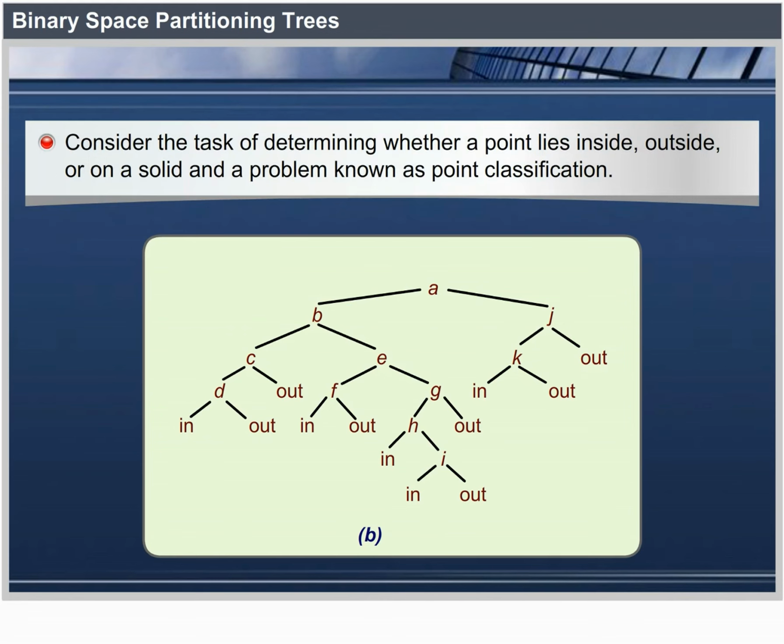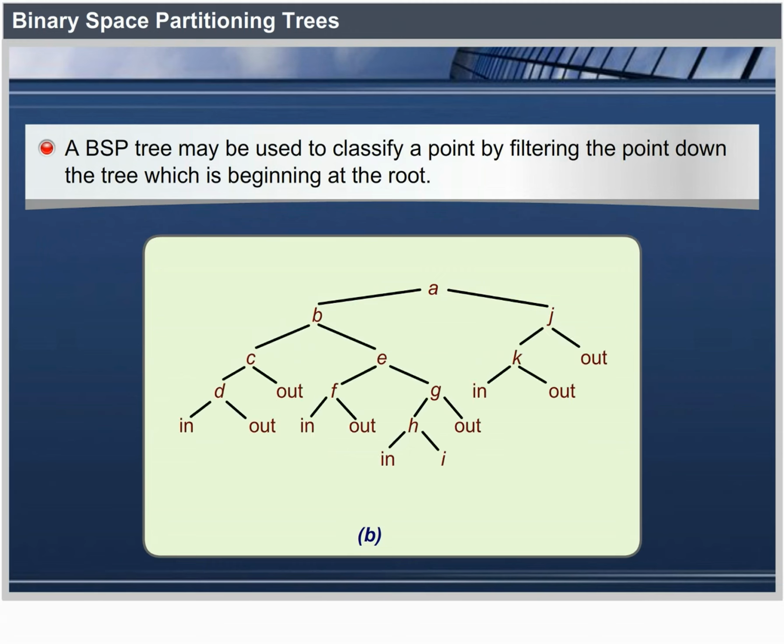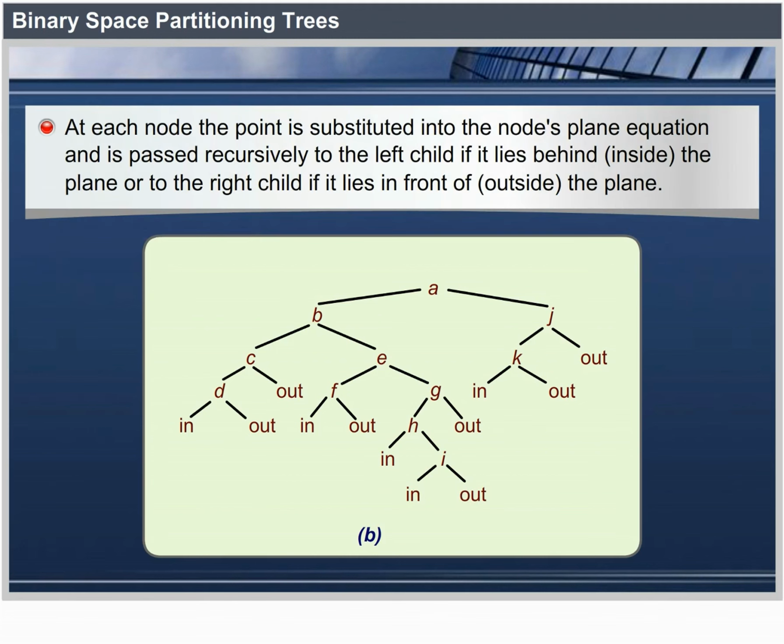Consider the task of determining whether a point lies inside, outside, or on a solid, a problem known as point classification. A BSP tree may be used to classify a point by filtering that point down the tree, beginning at the root. At each node, the point is substituted into the node's plane equation and is passed recursively to the left child if it lies behind, inside the plane, or to the right child if it lies in front of, outside the plane.